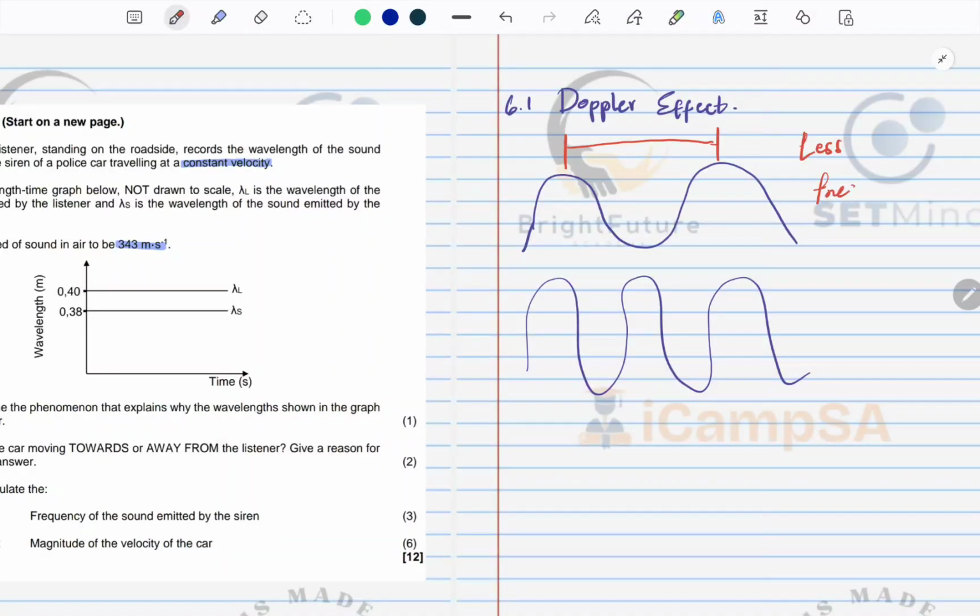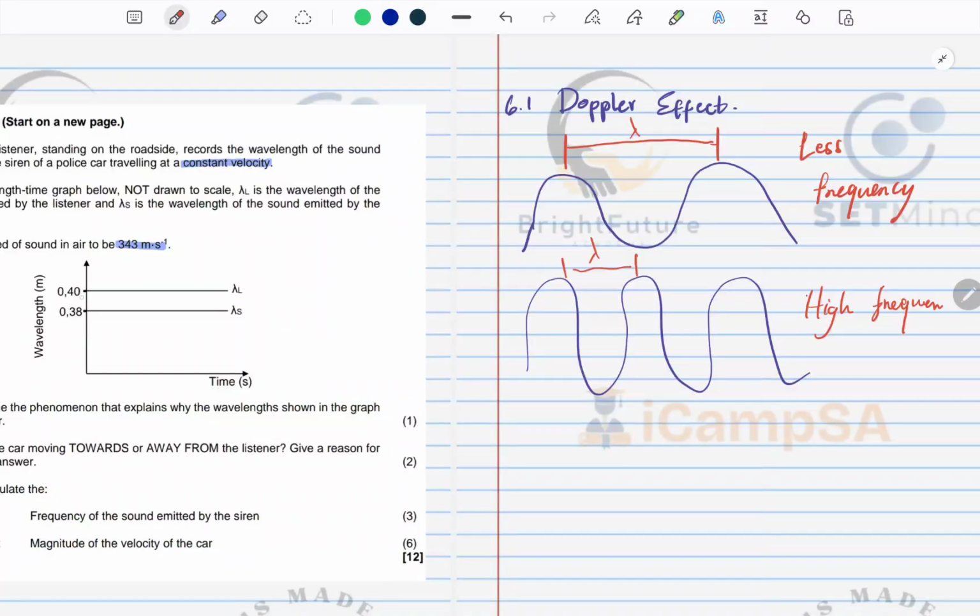And here we've got a small wavelength, this is your lambda here, which means high frequency.